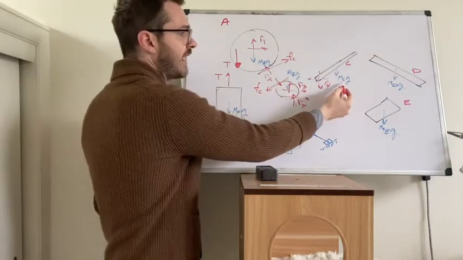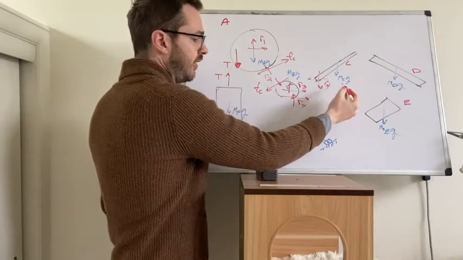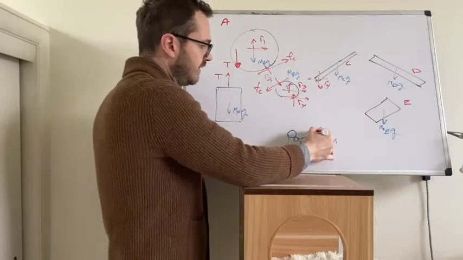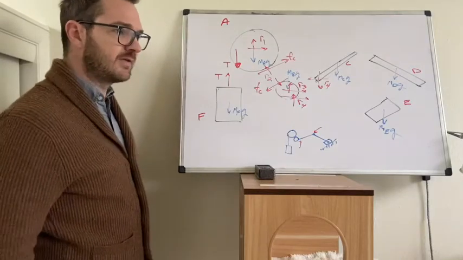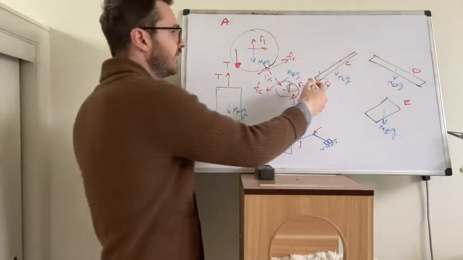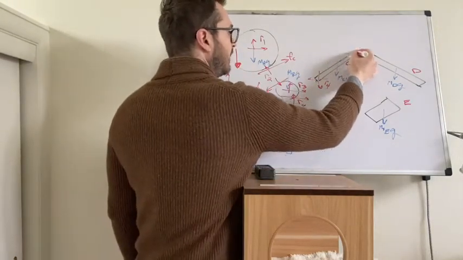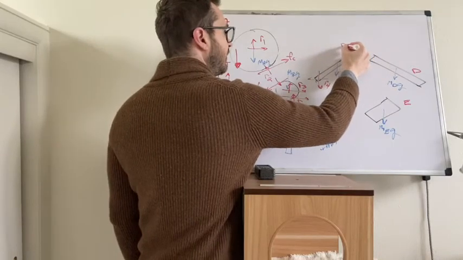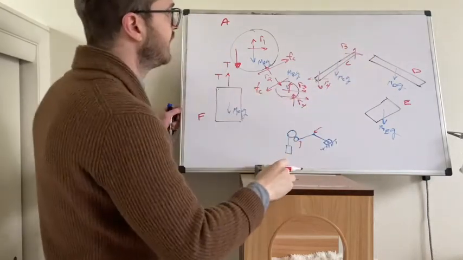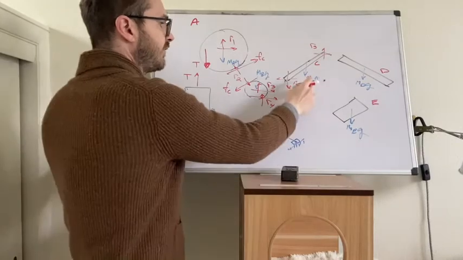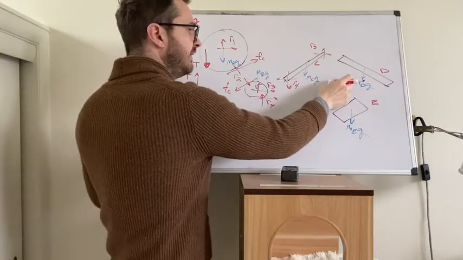Now, we've already put gravity on body C. All that's left is the pin joint between the two connecting rods. So this is R4. Let's call the next set R5. We already have gravity, so we can move on to body D.